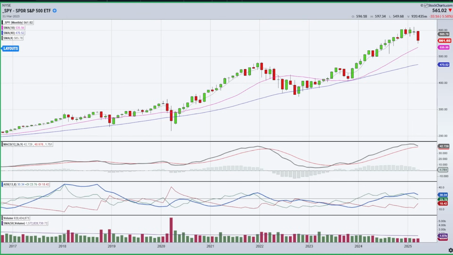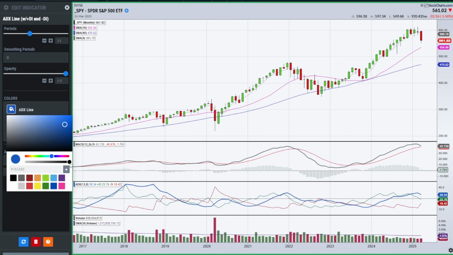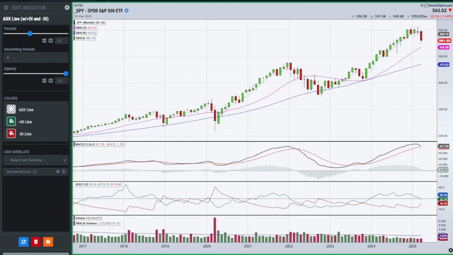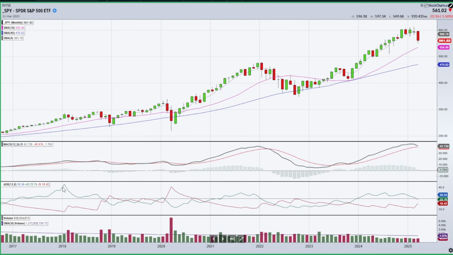Now, what I'm going to do is take this indicator and edit it real briefly. What's nice is I can just really quickly in ACP erase the blue line, so we can be focused on what's taking place between the DI lines.